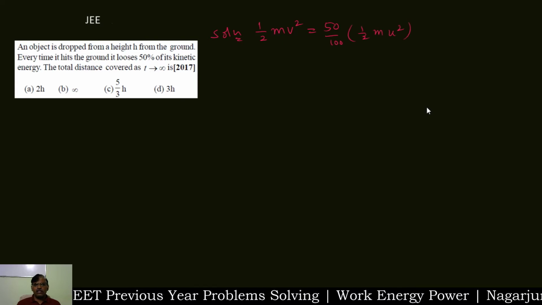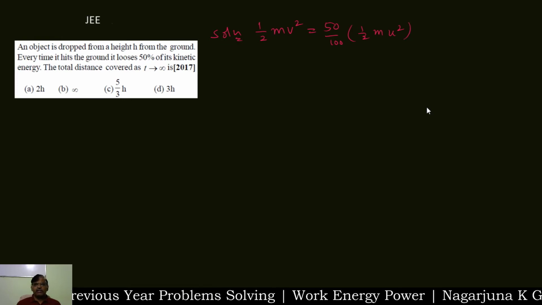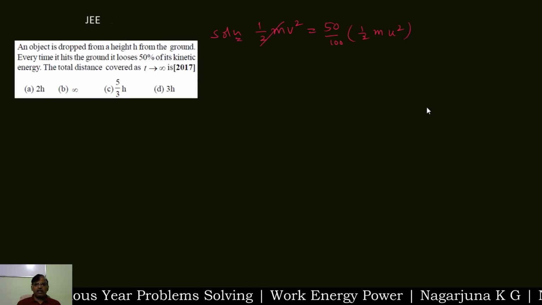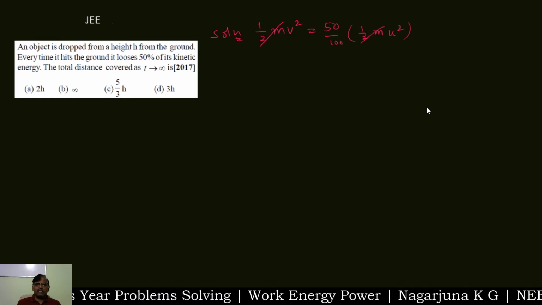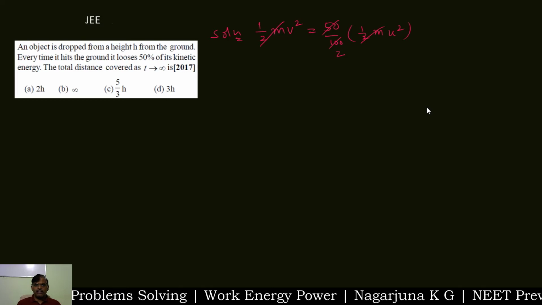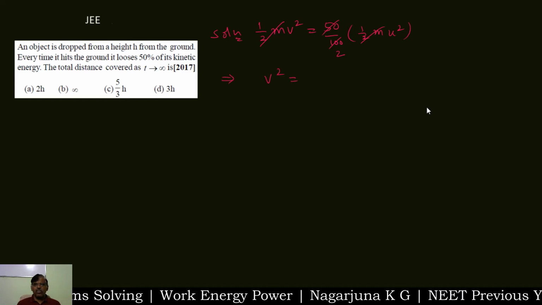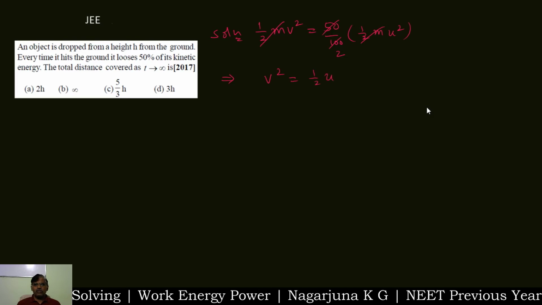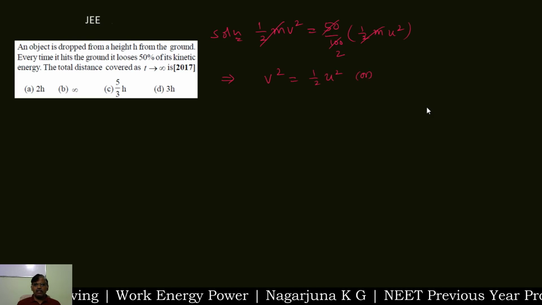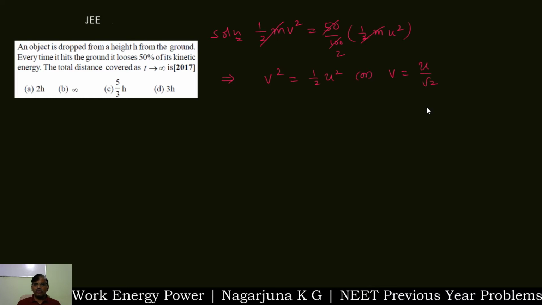Let us assume initial velocity u and final velocity v. Then on both sides half m cancels, so v squared is equal to 1 by 2 into u squared, or v is equal to u divided by root 2.